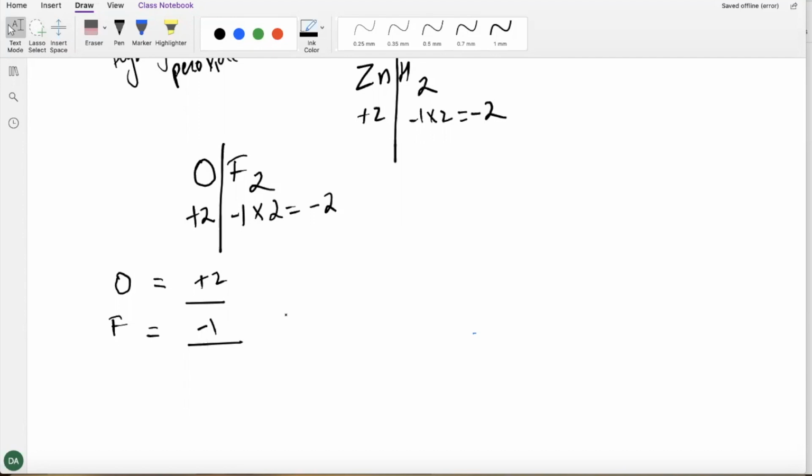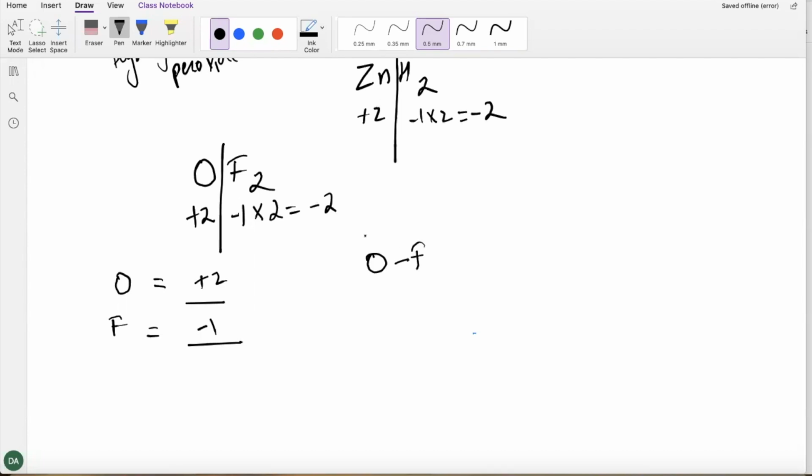The oxidation state numbers have been taken from the ionic charges on the periodic table, but they don't mean the same thing anymore.